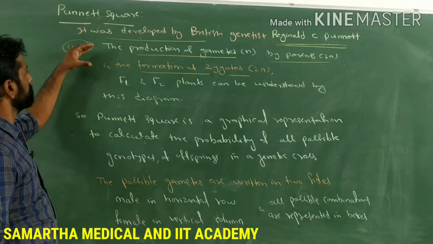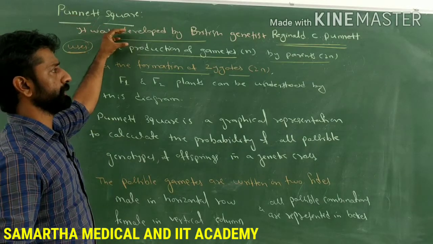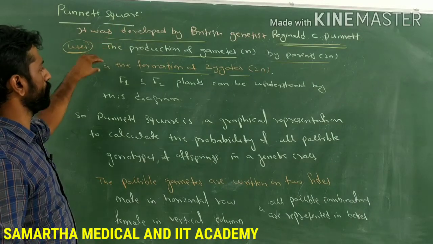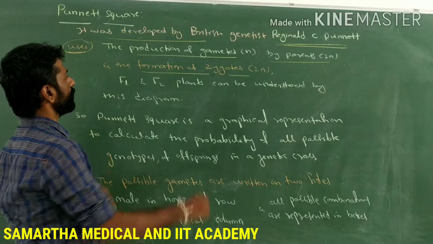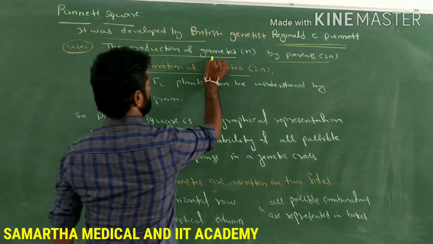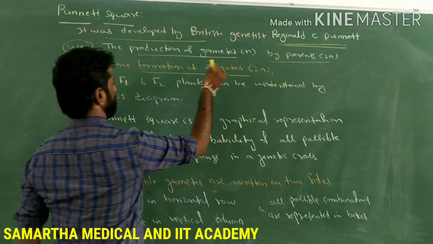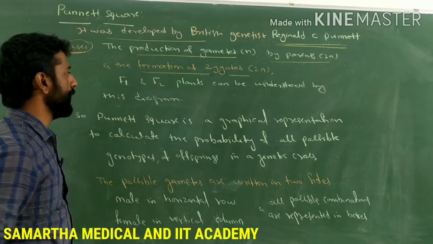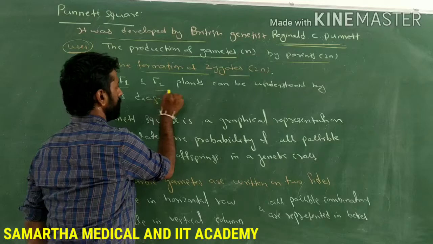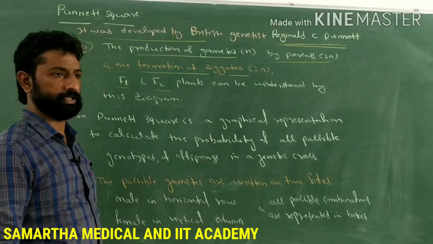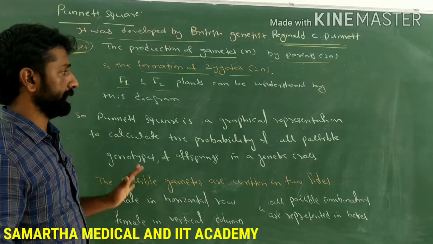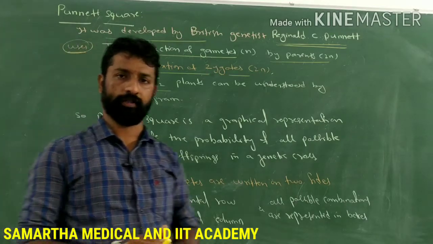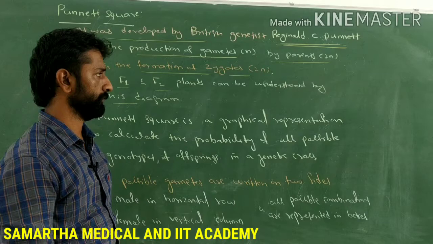By this diagrammatic representation in the form of a square, we can understand the production of the gametes by the parents and the formation of zygotes by the combination of such gametes. F1 and F2 generations of plants can be understood by this diagram. That is the use of the Punnett square in genetic studies.